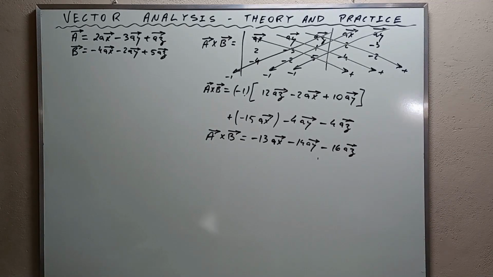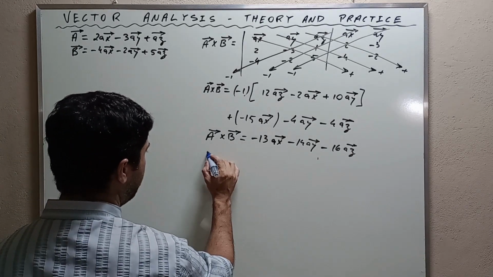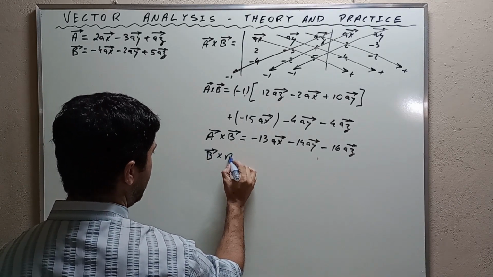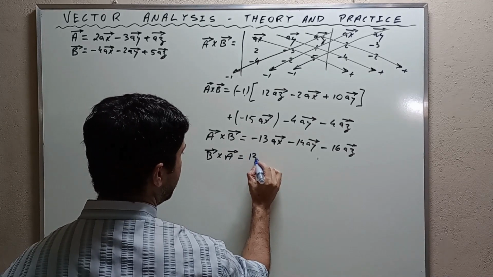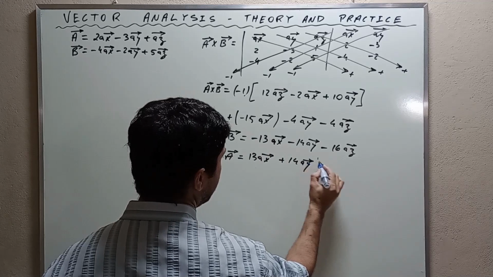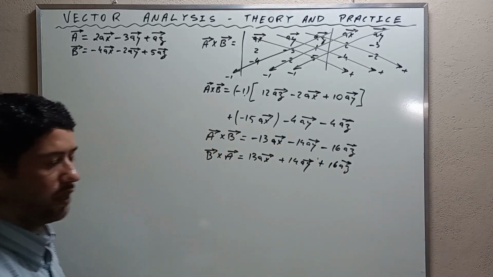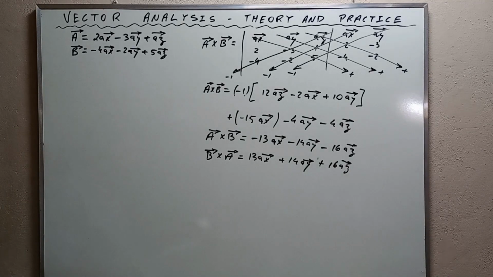And to find the vector in the opposite direction, we simply invert the direction of this vector here. So b cross a is equal to 13 in the x direction plus 14 in the y direction plus 16 in the z direction, okay? And this is all for the cross product.